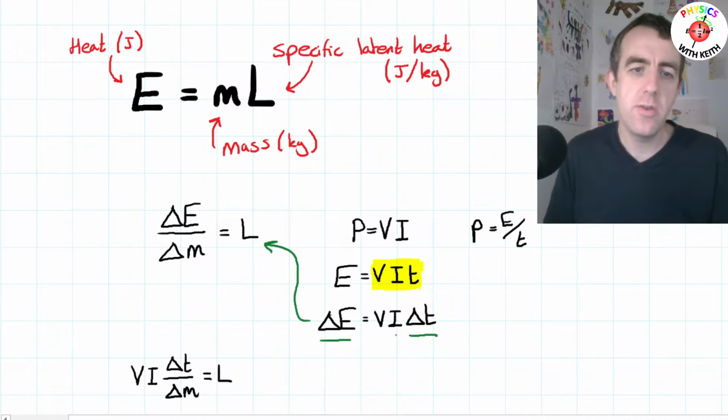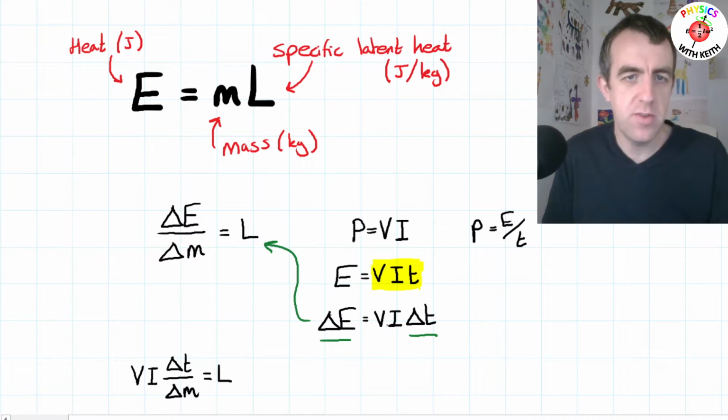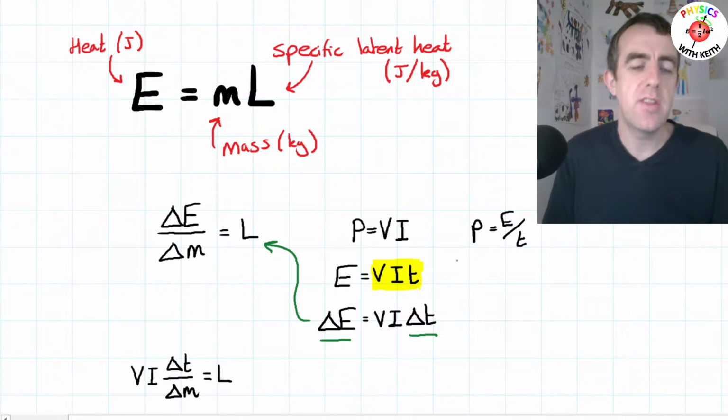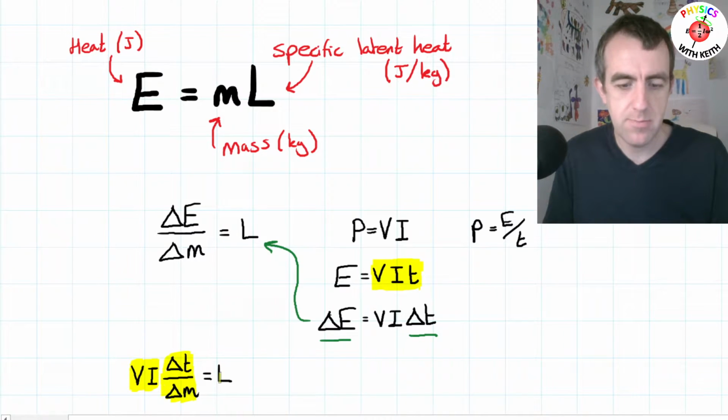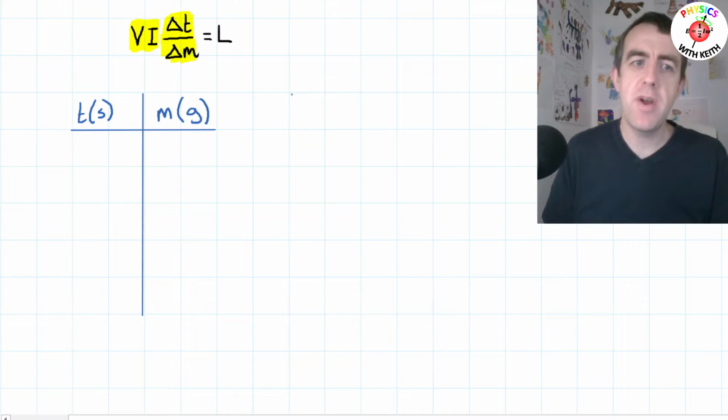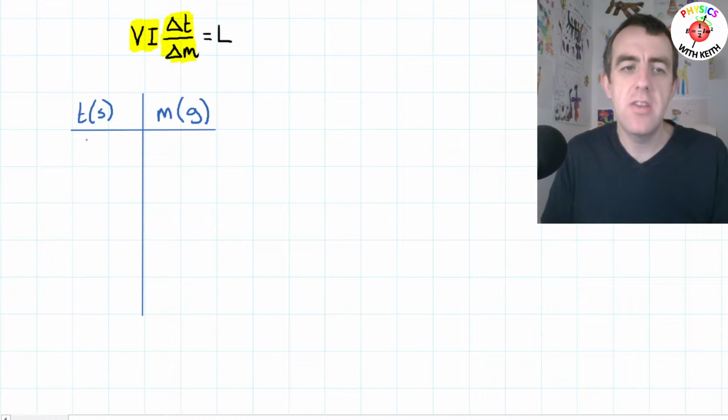We can substitute this into our equation for specific latent heat, and we find that the specific latent heat will be the voltage across the heater multiplied by the current through the heater and multiplied by this ratio, the amount of time the heater is on for divided by the mass of the ice that melts. So we're going to perform an experiment where every 10 seconds, maybe every 30 seconds, we record the mass of ice that is melted.